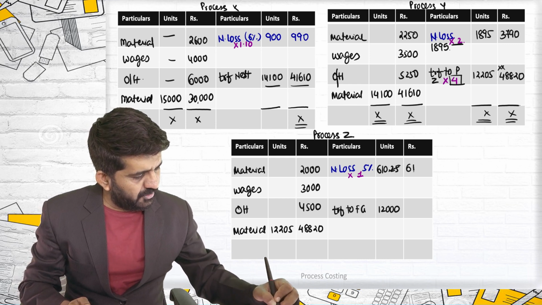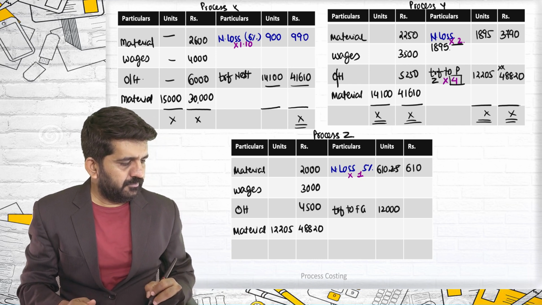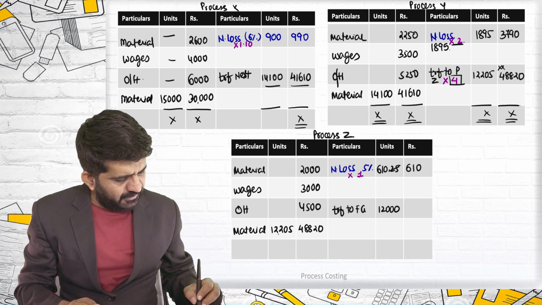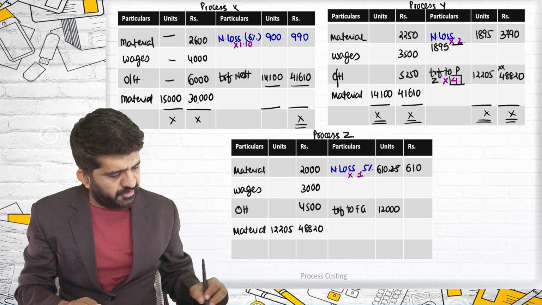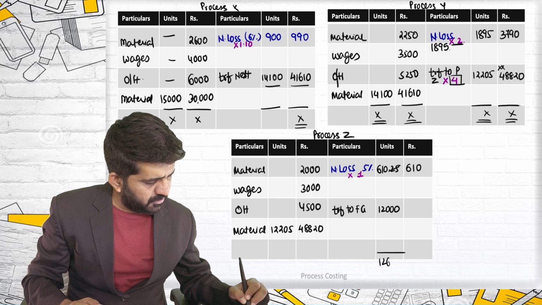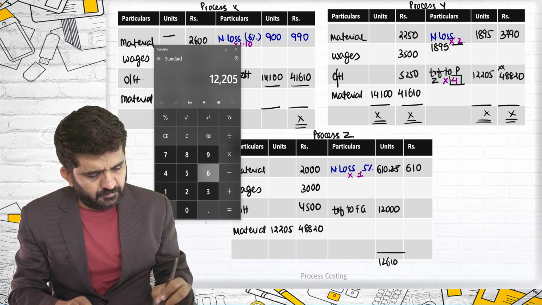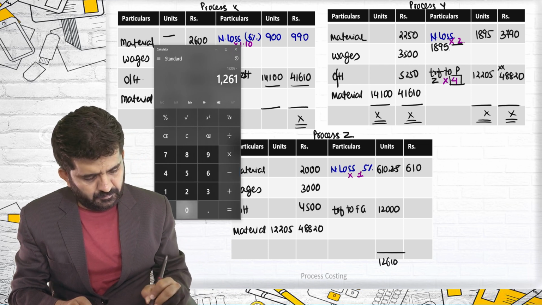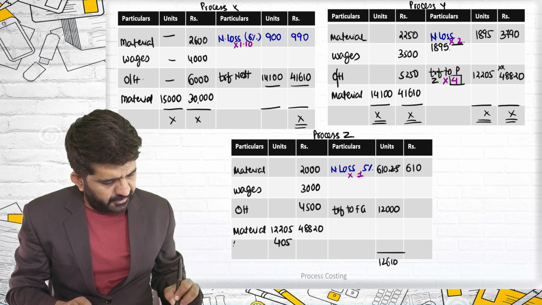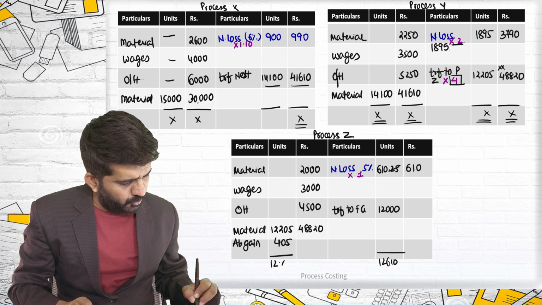So is this answer tallied? 12,610 minus 12,205, the difference is 405, and this will be abnormal gain.